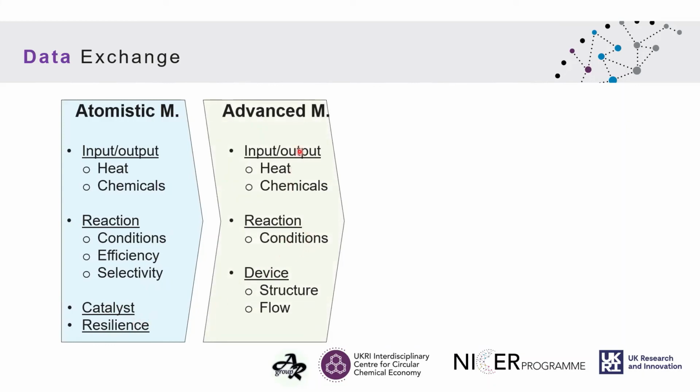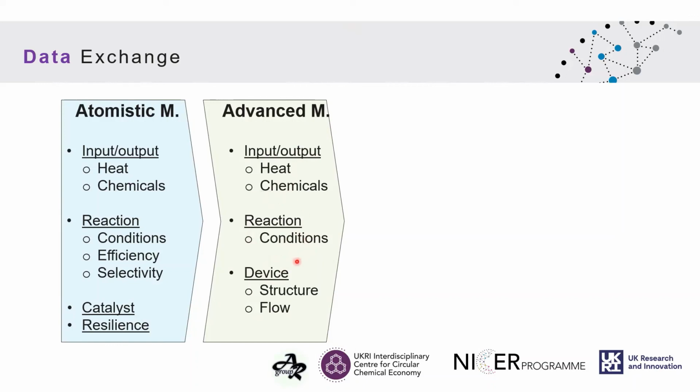Obviously, the advanced modeling will have a structure of the device, of the reactor. So checking how the flow changes, if it's a flow reactor, or the size of a batch reactor, or how fast we need to agitate that reactor to avoid the limit of diffusions.